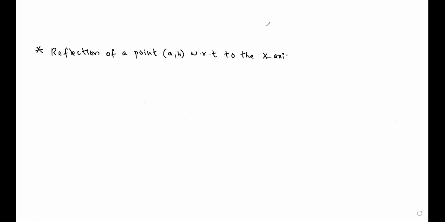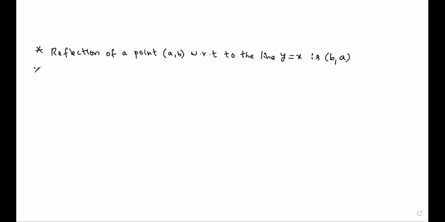Not exactly the x-axis, we can take another one, for example the line y equal to x. That means the image of point (A comma B) with respect to the line y is equal to x. Here what happened, y and x are interchanging, then the reflection point is (B comma A).